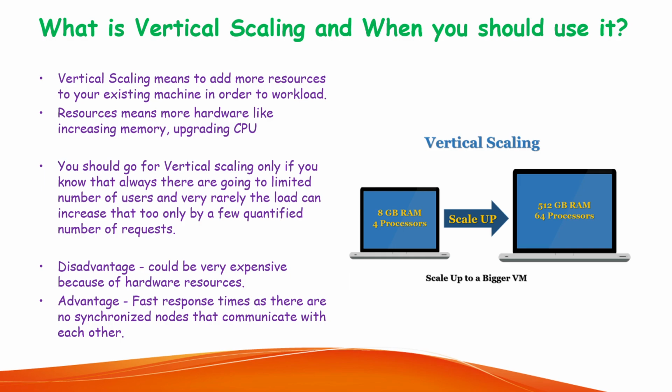Now, what is the disadvantage to it? Of course it is expensive because we are increasing our hardware resources. The other thing is, let's say I had this one machine itself. Now I started getting requests from all over the globe. Then in that case, will this one machine be enough even if I go on to increase the hardware resources?